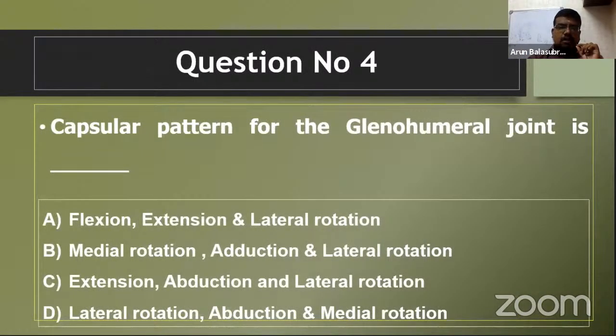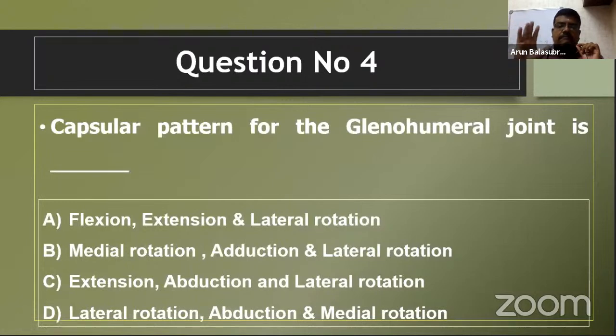Right, we are going to question number 4. Capsular pattern for the glenohumeral joint is: flexion, extension, lateral rotation; medial rotation, adduction and lateral rotation; extension, abduction and lateral rotation; abduction and medial rotation. So what is a capsular pattern? First, you identify what a capsular pattern is.